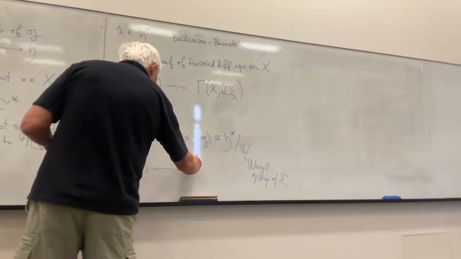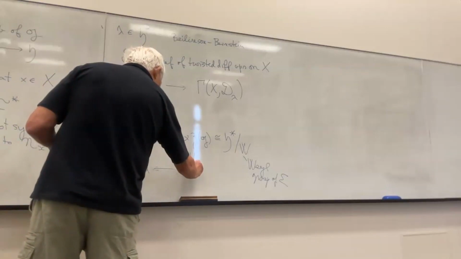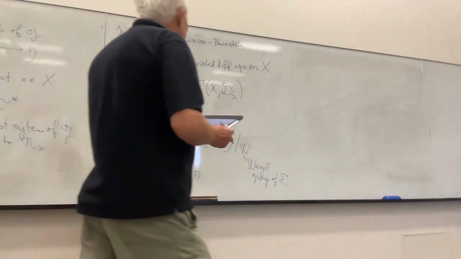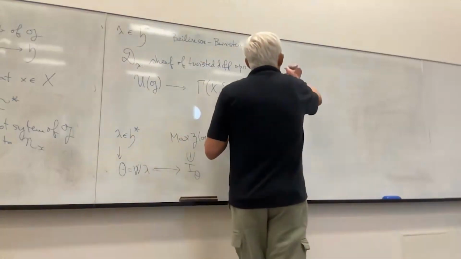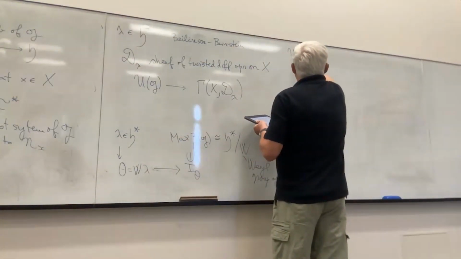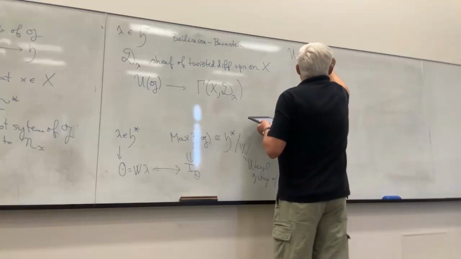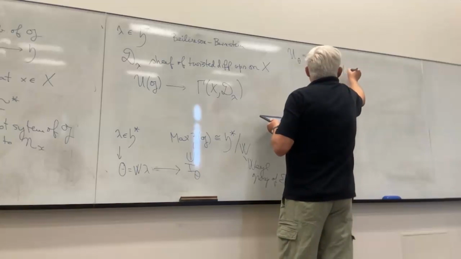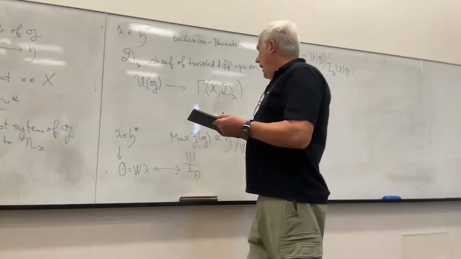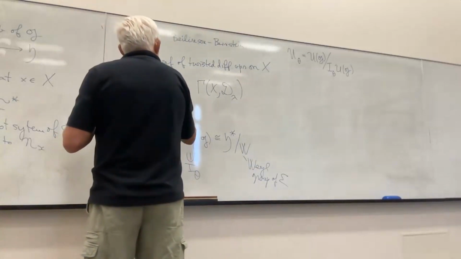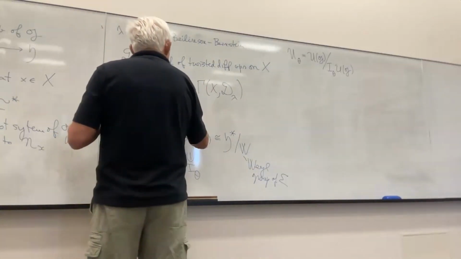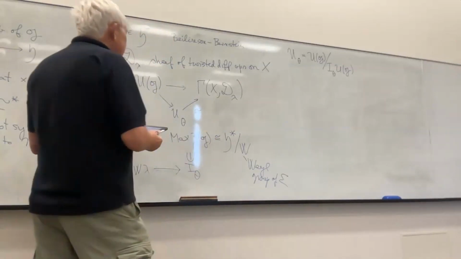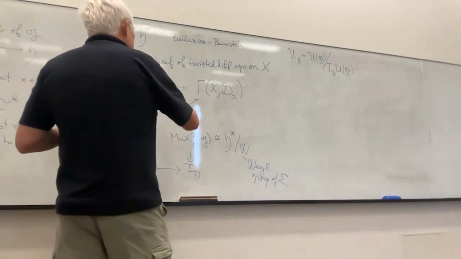corresponds to some maximal ideal I theta in the center of the enveloping algebra. So we define U theta as U of G modulo I theta U of G, and this map factors through this quotient, and the first result is that this map is an isomorphism.